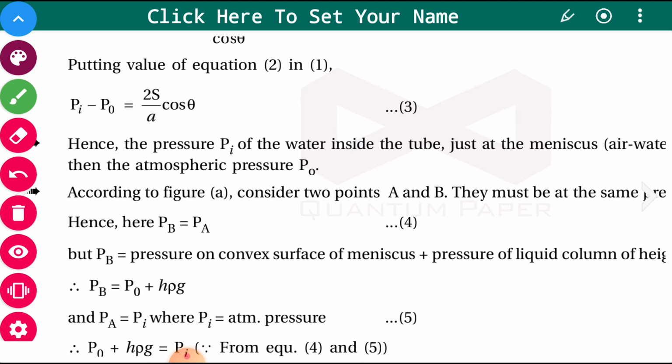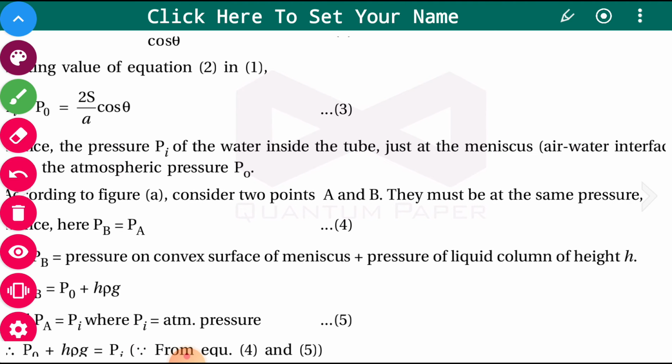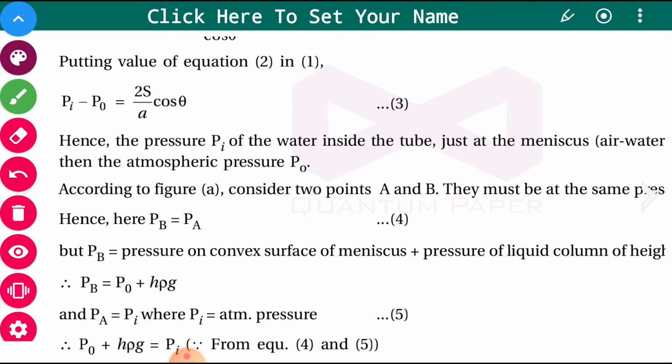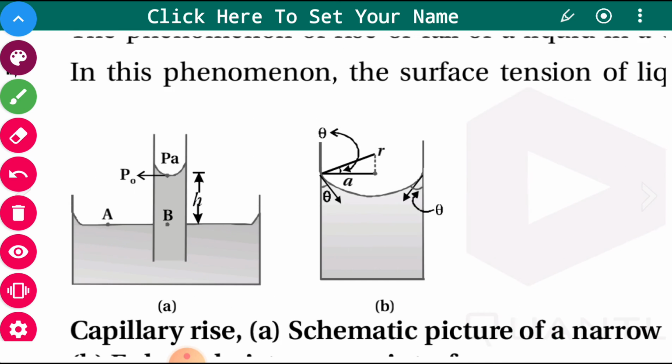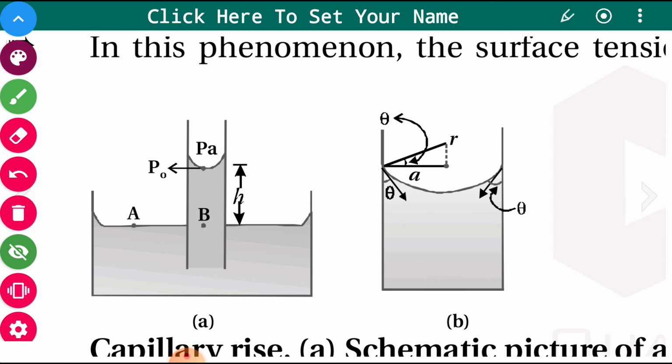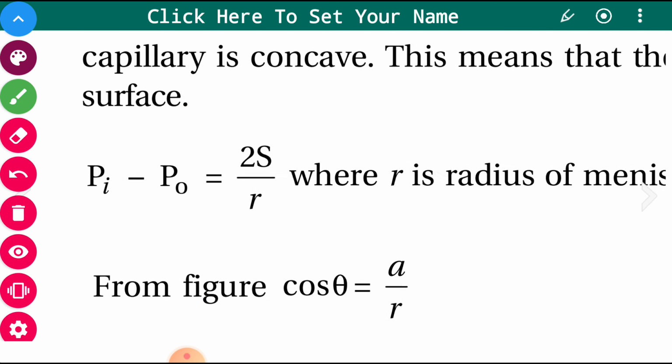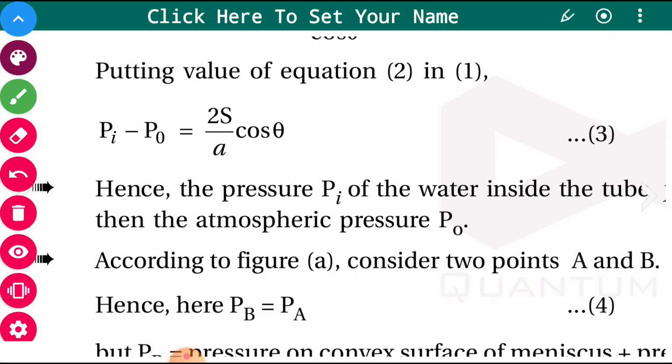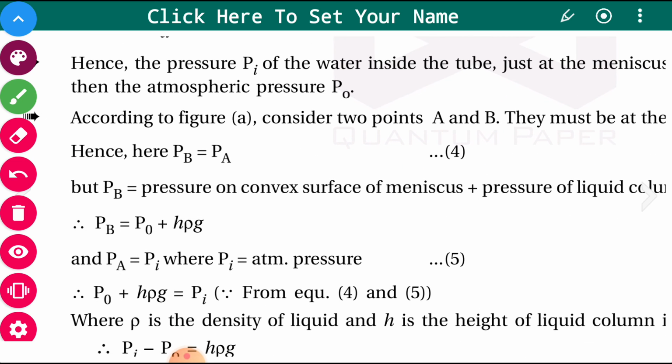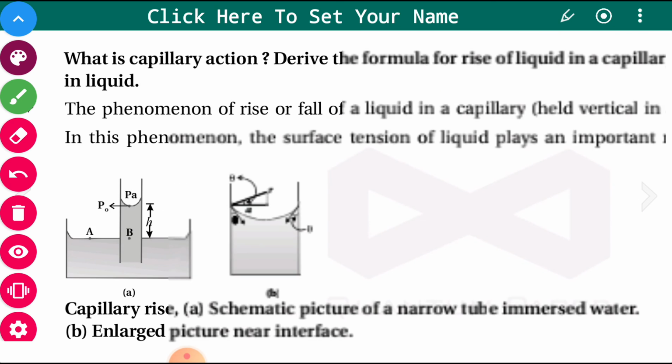According to the figure, consider two points A and B. They must be at the same pressure. These two points are at the same height, so their pressure will be the same. The pressure at A is equal to the pressure at B. Now the pressure at B can be obtained easily.